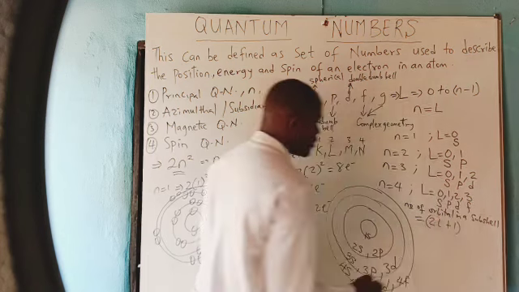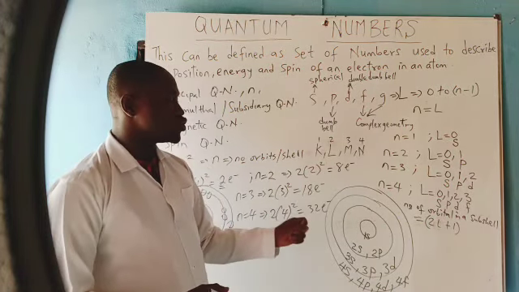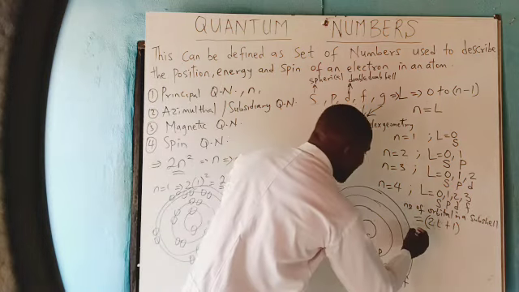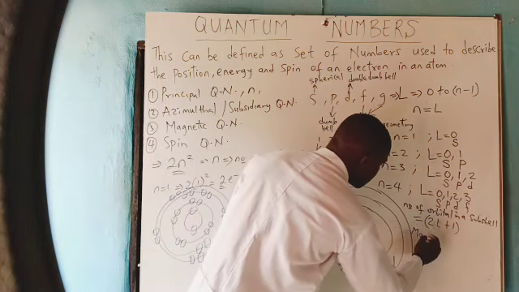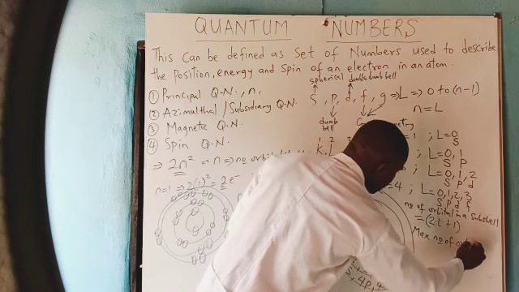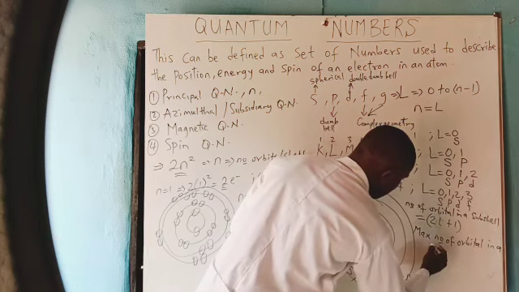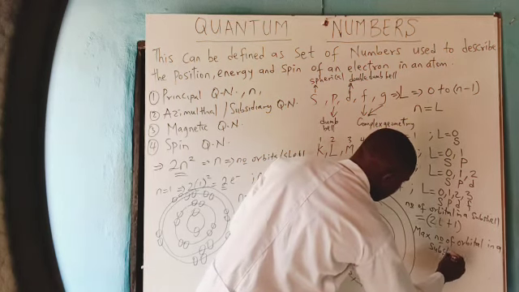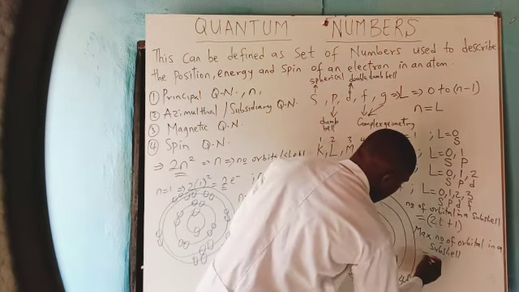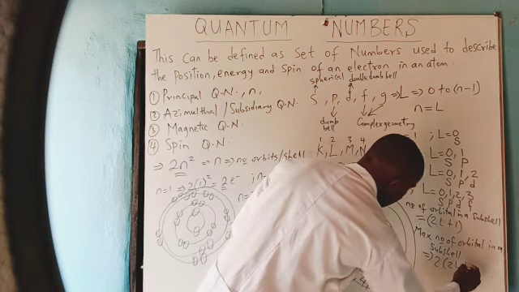Please note this formula. Number of orbitals in a subshell is 2L plus 1, whereas the maximum number of electrons in a subshell is equal to 2 bracket 2L plus 1.